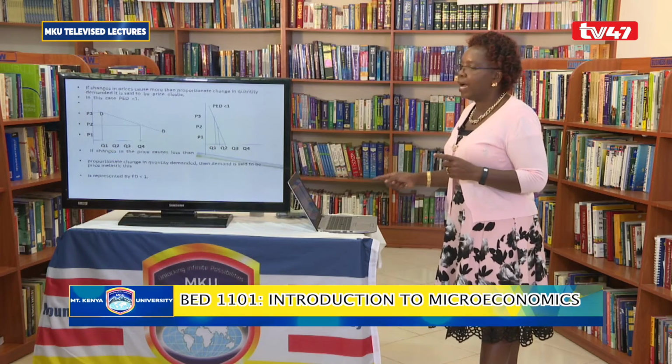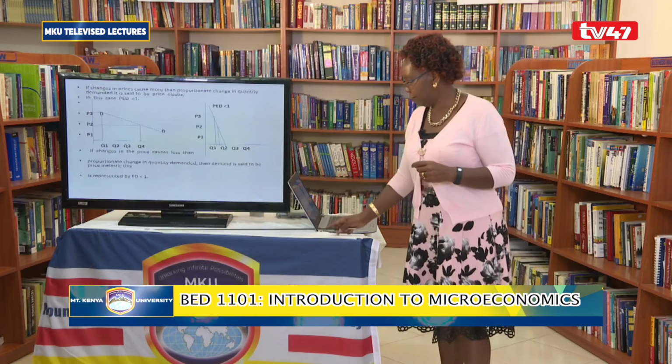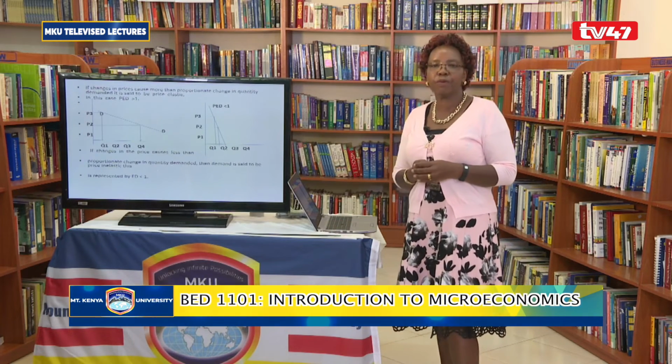Now, when we move to a situation where a big change in price triggers a very small change in quantity demanded, again, this can happen in real life. And I'll explain how.